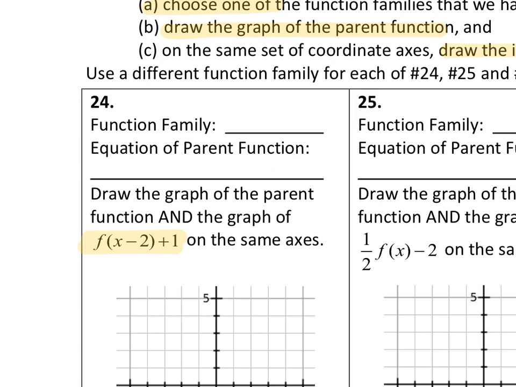I'm going to start with the quadratic function family. And the quadratic function family, remember, has the equation, I didn't spell that correctly, did I? Quadratic, my apologies. The equation of the parent function is f of x equals x squared.